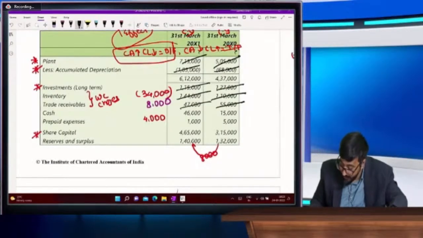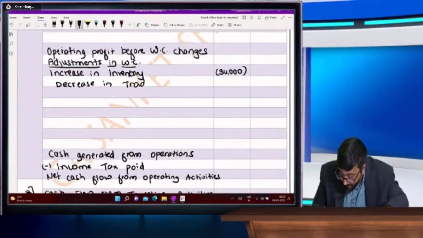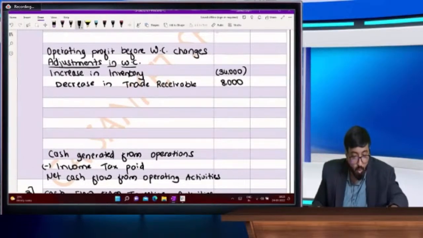Trade receivable decrease. So decrease in trade receivable 8,000 positive.